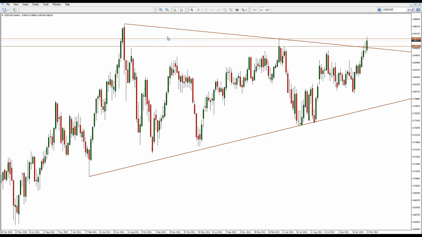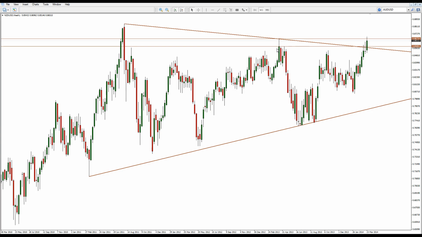The most important information is the fact that the price closed above the triangle resistance, and very important, above this 0.8585 as a very strong resistance.